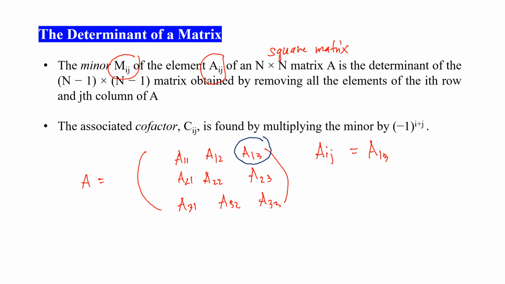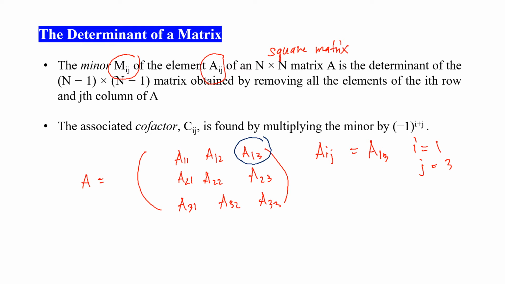That is, your i is equal to 1, and then your j is equal to 3. And to get the minor of your A13, we remove all the elements of the ith row and the jth column.